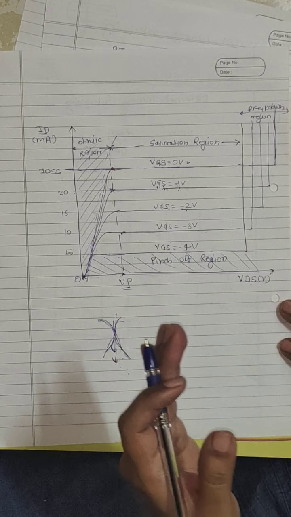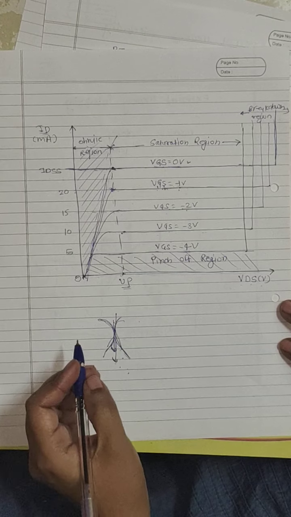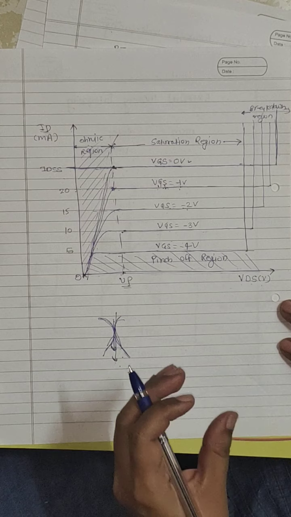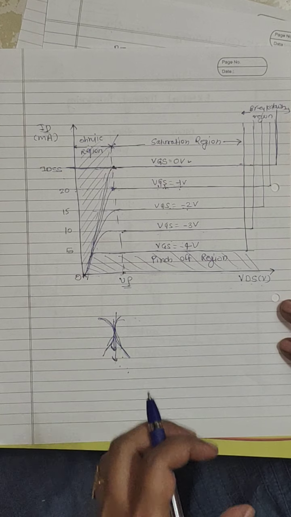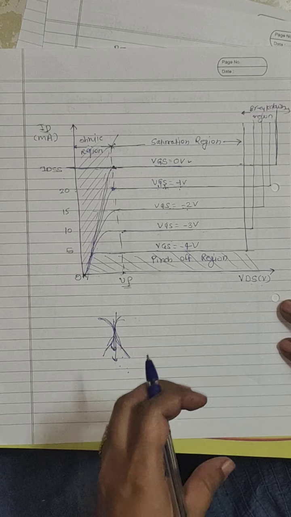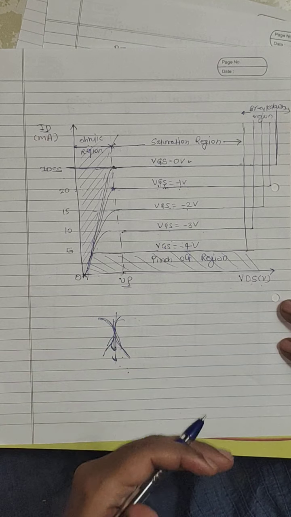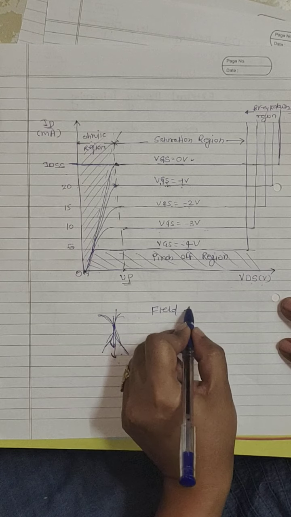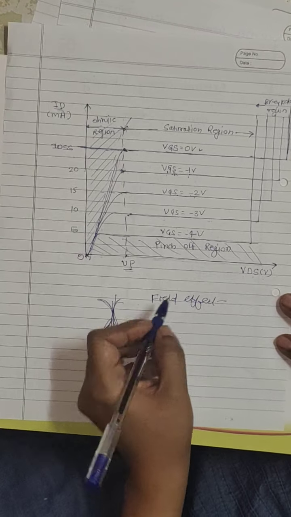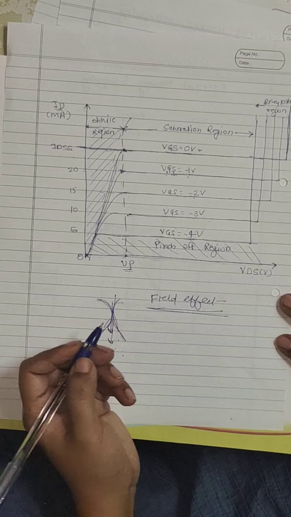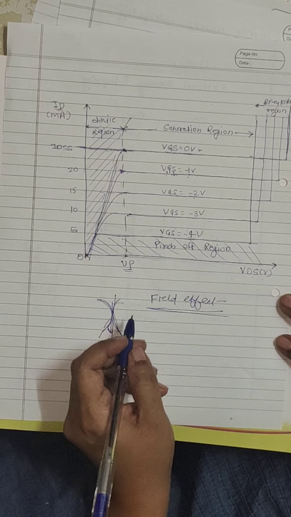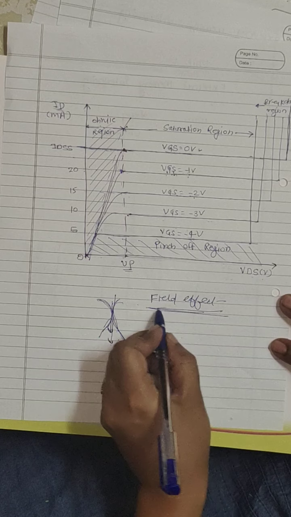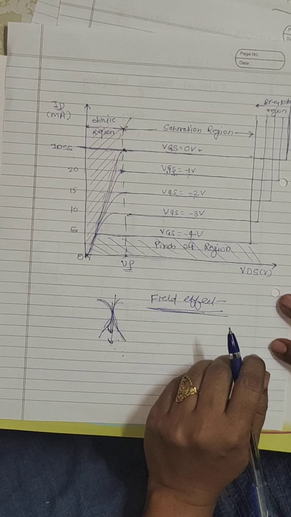The output current is controlled by the input field which we have connected between the gate terminal and the source terminal, that is, the field applied at the input side. That's why it is called the field effect transistor.